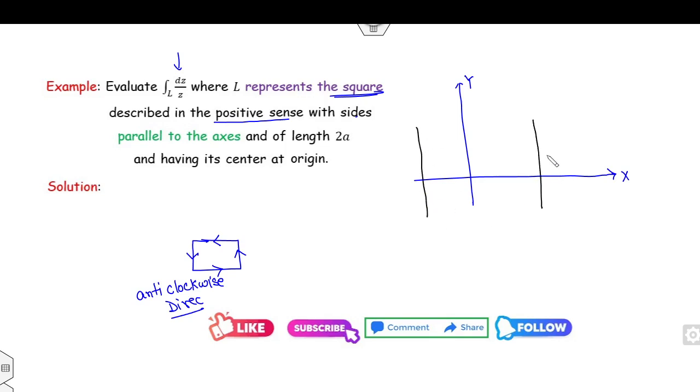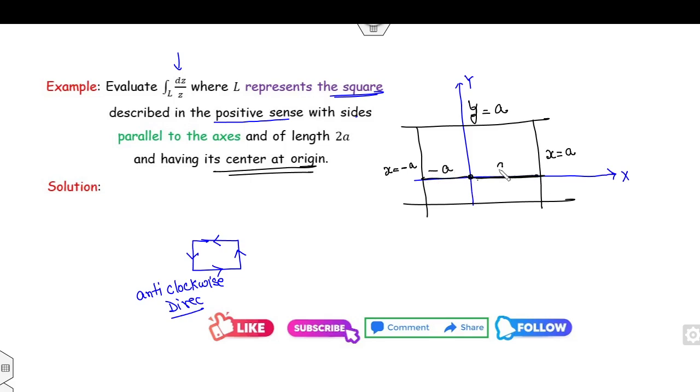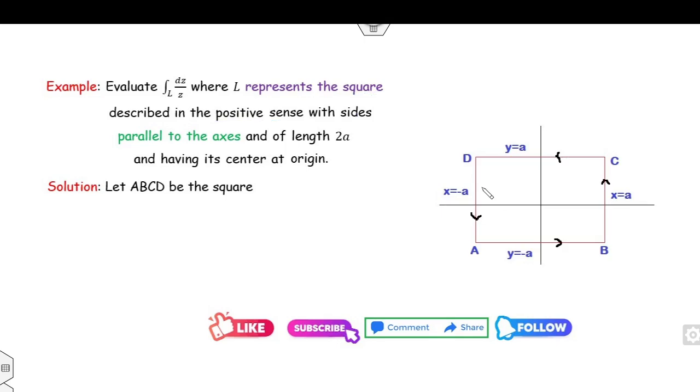Because it's a square, this side is x is equal to a, this side is x equal to minus a, and this side is y is equal to a, this side is y is equal to minus a, and the center is at the origin. So this is a, this is minus a, so the total length is 2a. Similarly, this is a, this is b, so the total length is 2b.